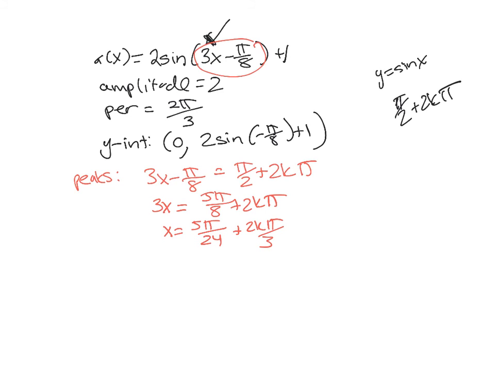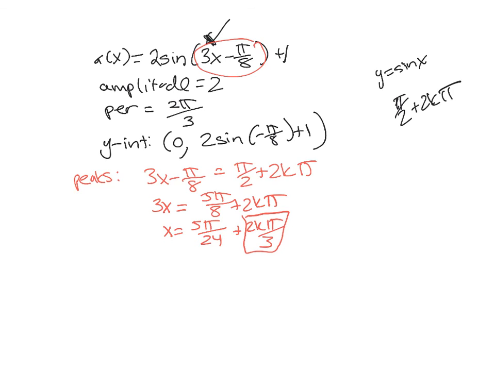And just to check here, since originally, if we were just graphing sine x, the peaks would occur every integer multiple of the period, which then was 2 pi, it makes sense that now they're occurring every multiple of the new period, which is 2 pi over 3.